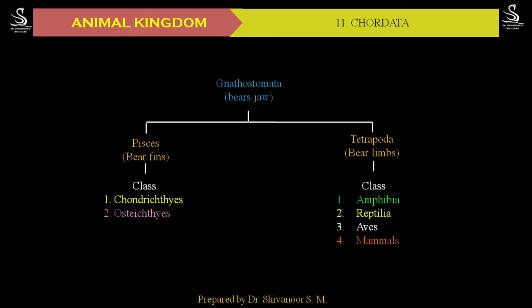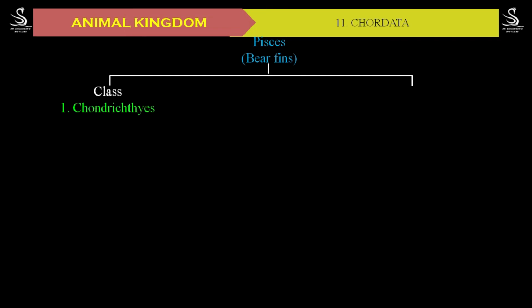That is the best idea to remember all the characteristics of Chondrichthyes and Osteichthyes species. As I told, superclass Pisces is divided into two classes. Now let us understand the characteristics of both these classes.